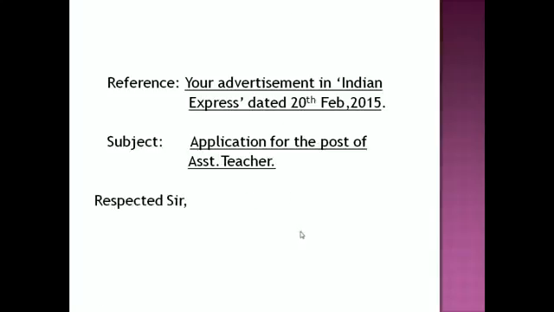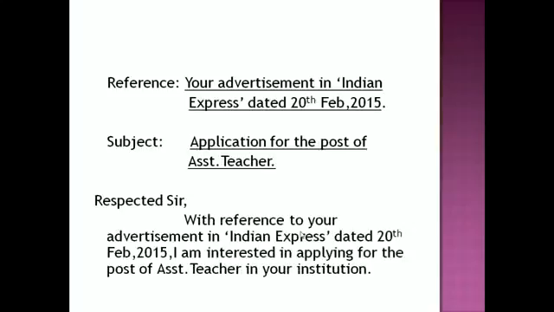Then you give the person you are addressing a salutation by saying Respected Sir or Sir. After that comes the first paragraph. When you closely look at the first paragraph, you will see that it is a combination of reference and subject.